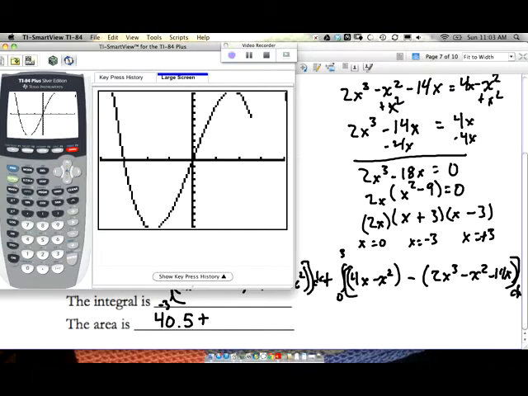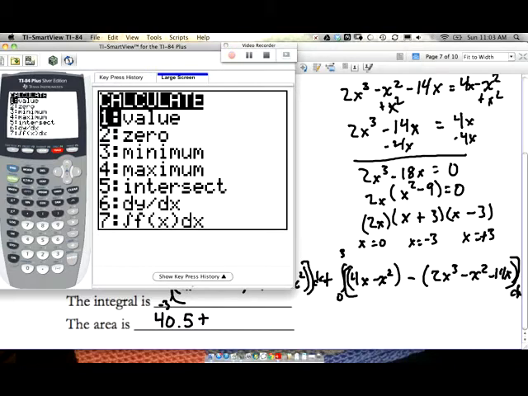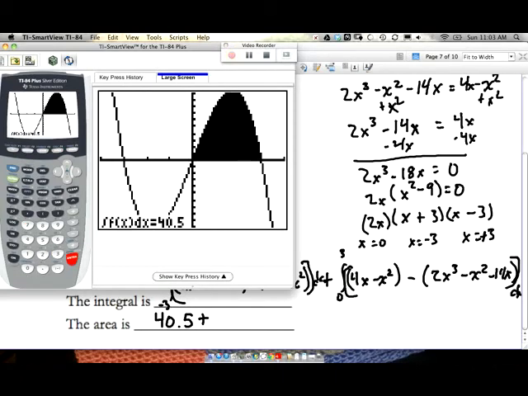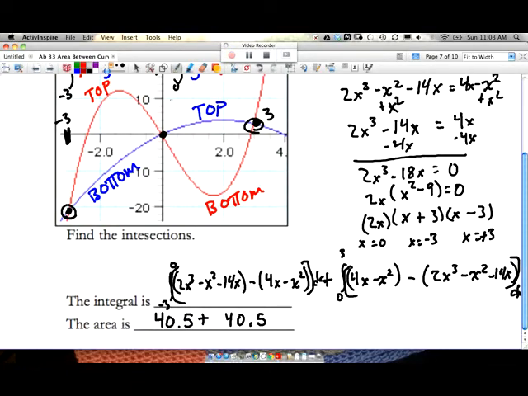Now it's going to go negative and then positive. We want this positive side over here. So let's calculate that. Second, calculate 7. And now we're going from 0 to 3. And we get 40.5 again. So, surprise, surprise.